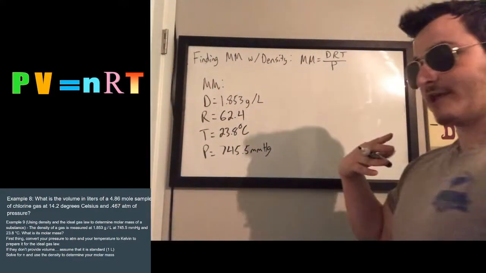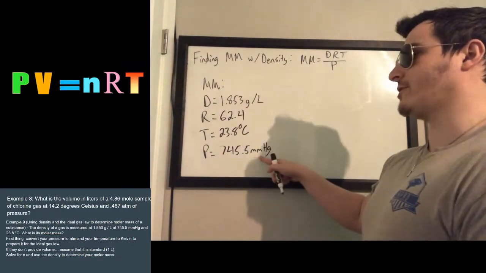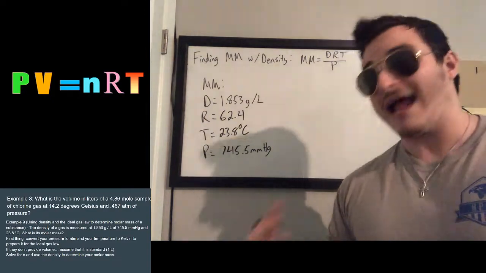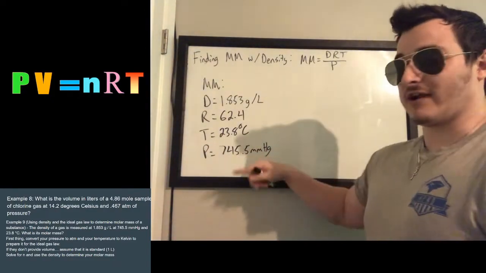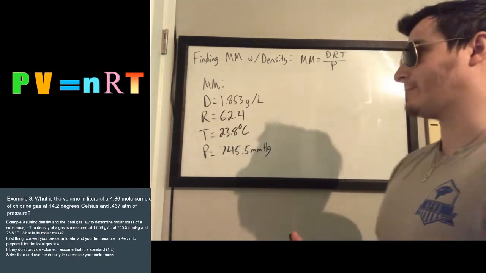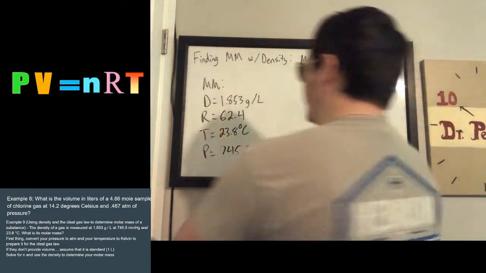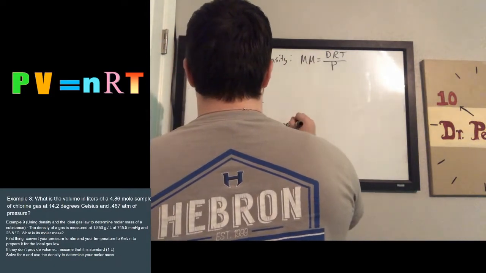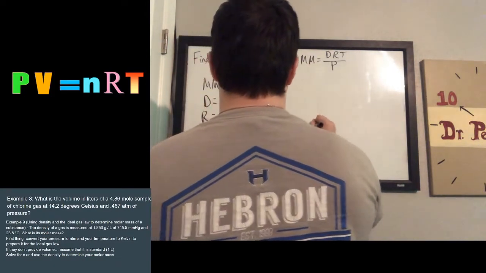So we keep reminding you to do this: check your pressure unit and then pick your R constant from there. Or, as I was taught in school, you can convert anything to ATM and then still utilize that 0.0821. Whatever floats your boat. Convert your temperature to Kelvin. That's going to be 296.8 Kelvin.